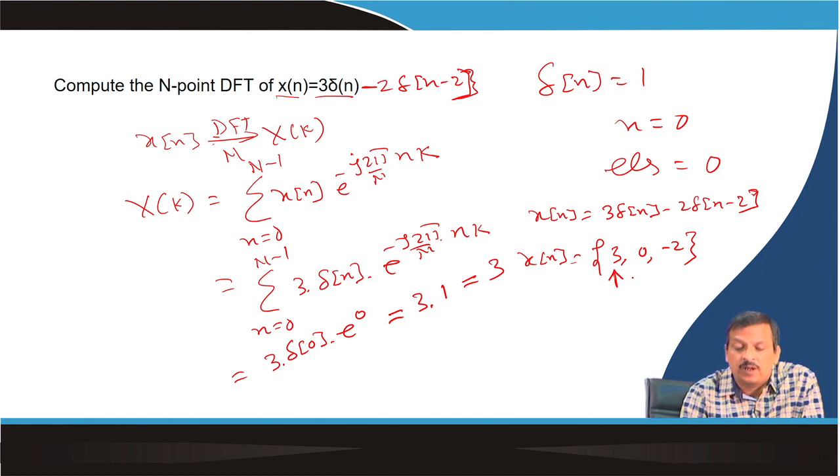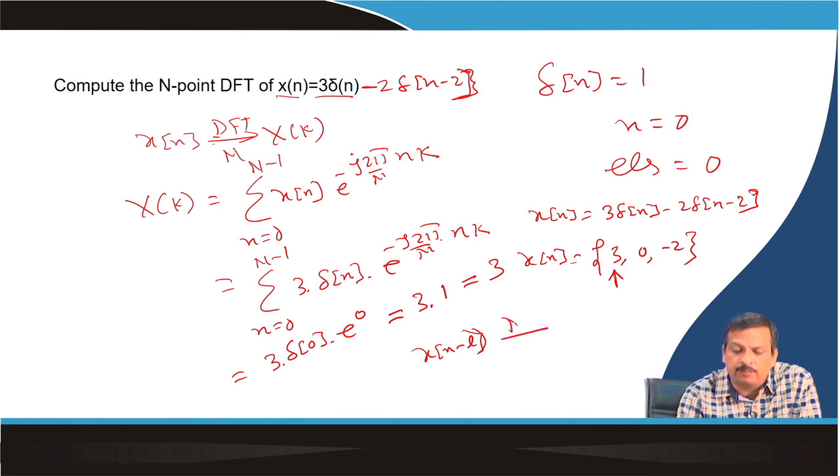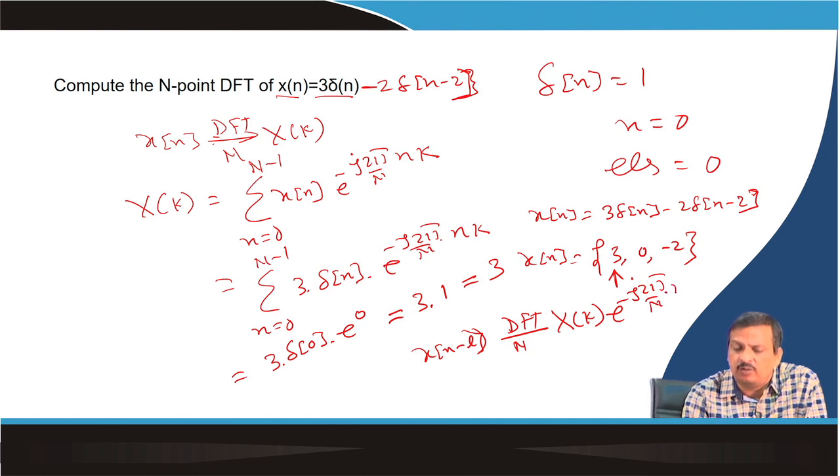So, what do you know? You know x of n minus L. If I take the N-point DFT, what is the DFT? X of k into e to the power minus j 2 pi by N into L into k.